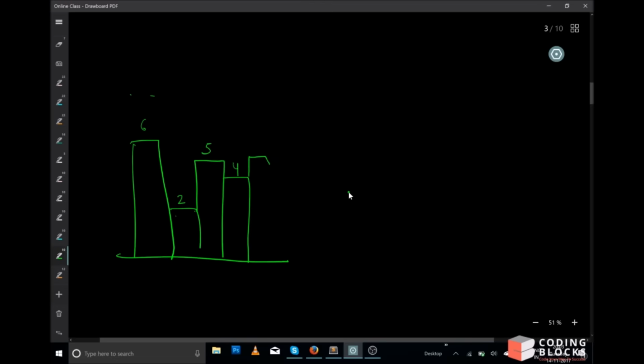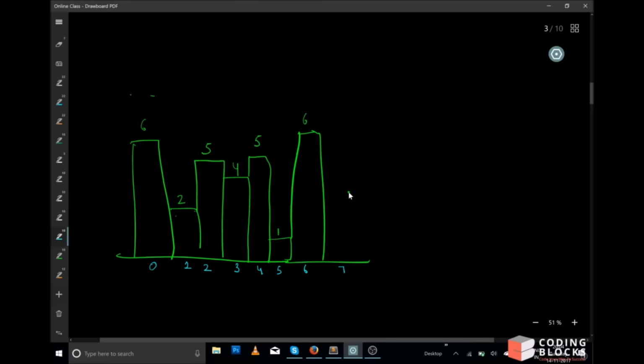Then again I have a bar of 5 units. Then I have a bar of again 1 unit, and then I have a bar of again 6 units. And this is the bar graph I have. Let me do the indexing also: 0 1 2 3 4 5 6 and 7, right?